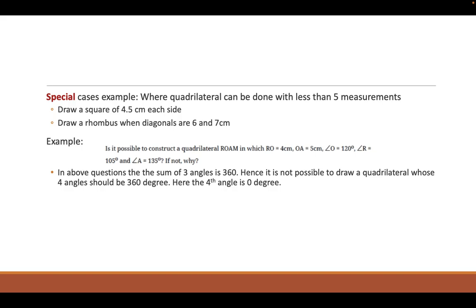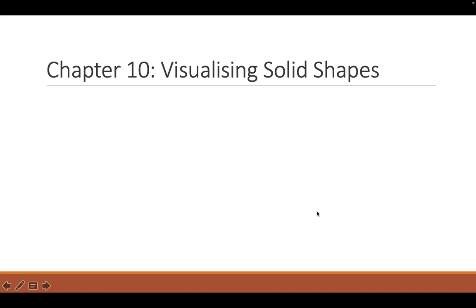So that's what I've written here. You cannot construct. Now next chapter, here we will first understand solid shapes. This is very crucial. What are the views of solid shapes? We have already covered a few shapes like triangle, rectangle, parallelogram, various quadrilaterals and all. But those we covered are two-dimensional shapes.